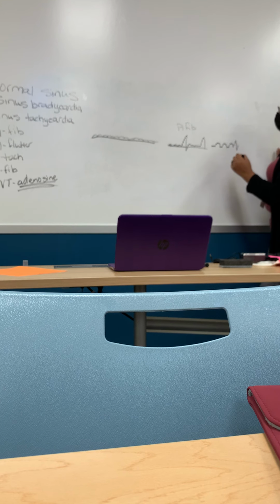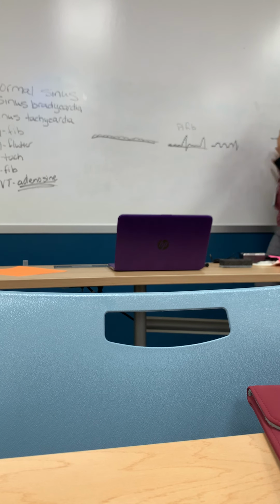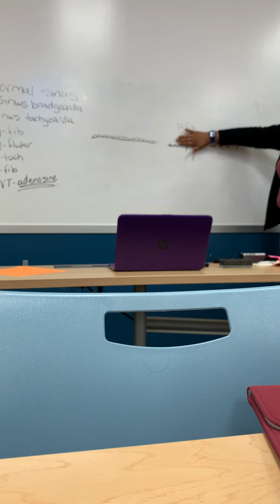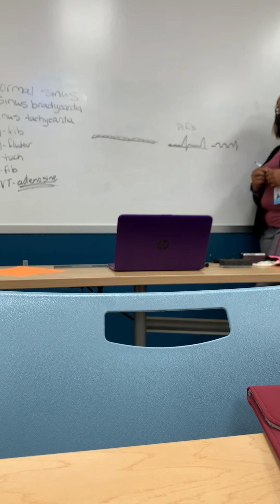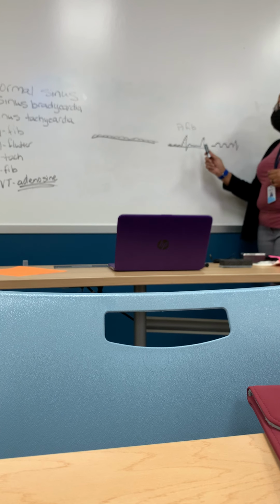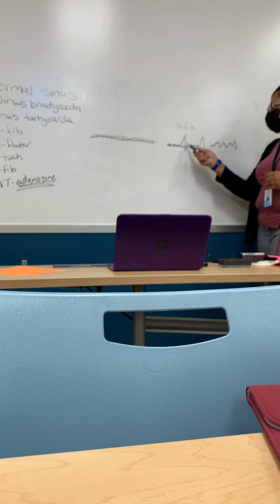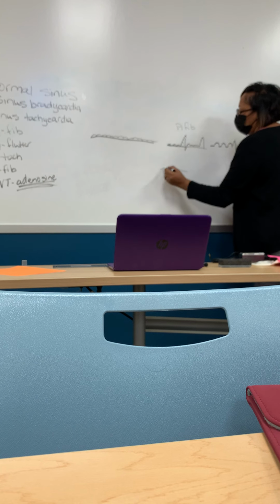Because you don't see your P waves? You have somewhat of a P, but you look at the QRS complex. Now, if you just had these waves and none of this, what is that? VFib. So the QRS complex is what differentiates them. With VFib, you don't have a P wave. With AFib, you have your QRS and your P waves.